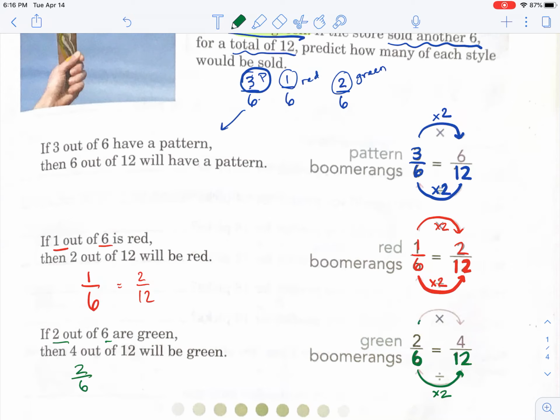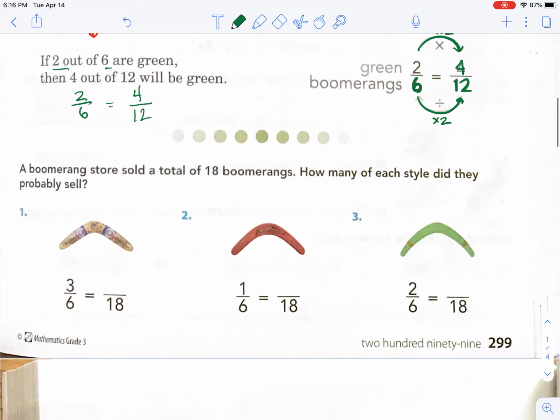What we do to the bottom, we also do to the top. Times 2. 2 times 2 is 4. So if they sold 12 instead of 6, they will get 4 out of 12 green. And that's why. Okay, keep on moving.